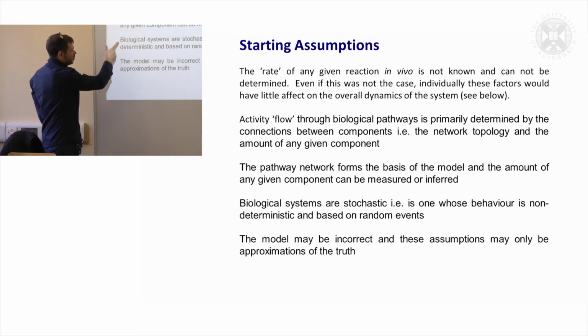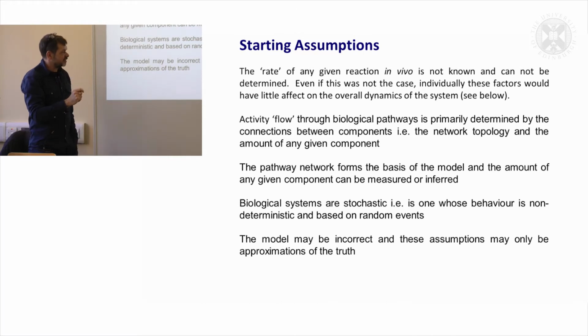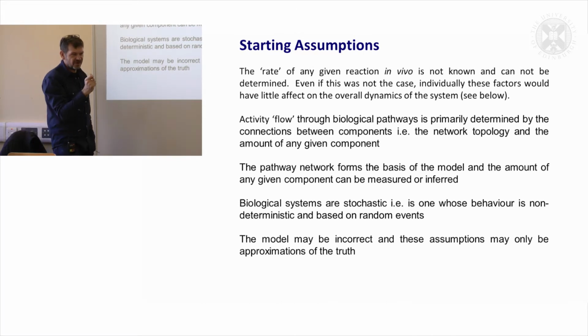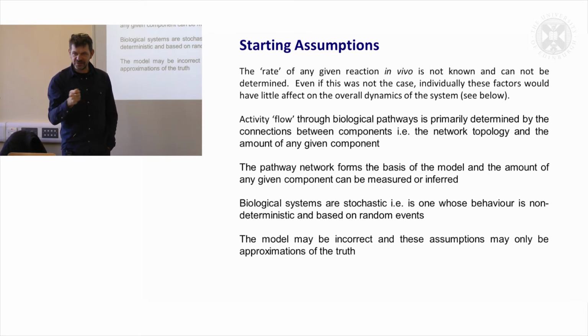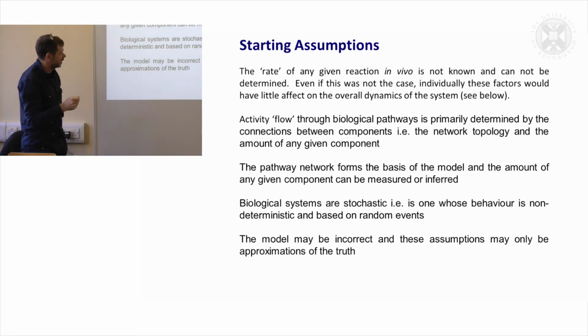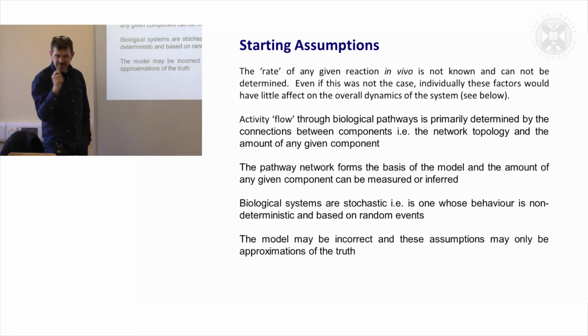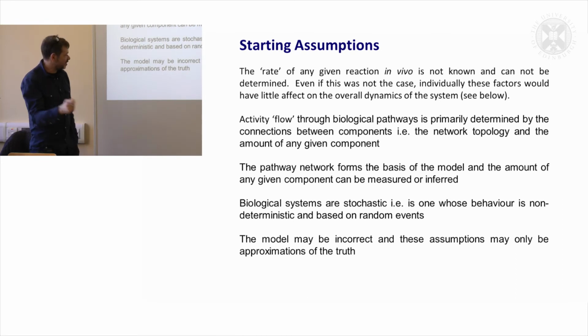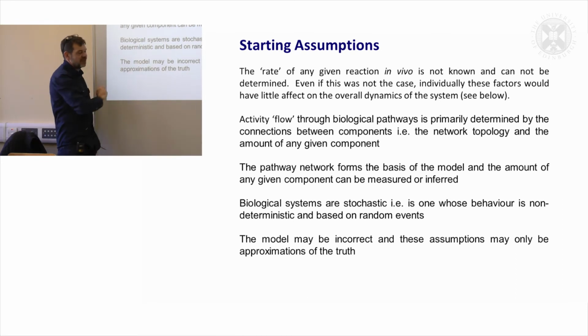We also assume that biological systems are stochastic, i.e. one whose behavior is non-deterministic, so that we might do the same thing on two different days and get a slightly different answer, or a series of cells within a dish might all respond slightly differently. So it's the randomness of biology which is evident there. And of course, the other thing we must bear in mind is that the model may be incorrect.